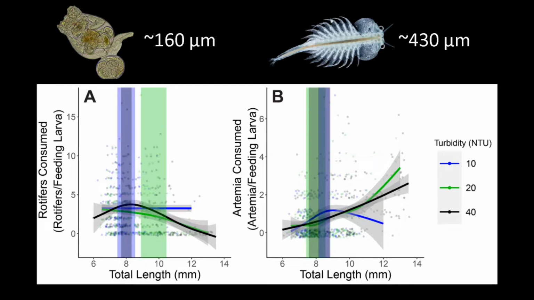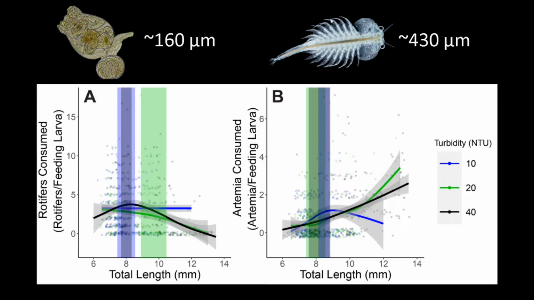And these shaded areas indicate at what point the amount of rotifers being eaten changed. So what that means is that there was a change where they began to, in this case, eat fewer rotifers.